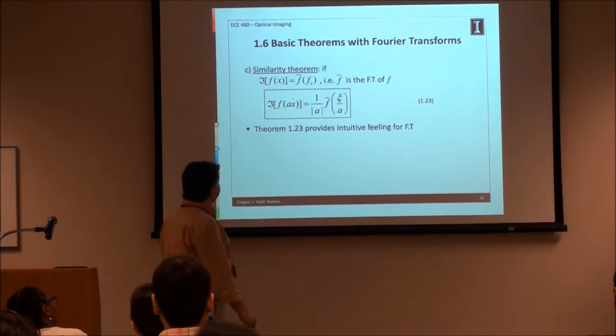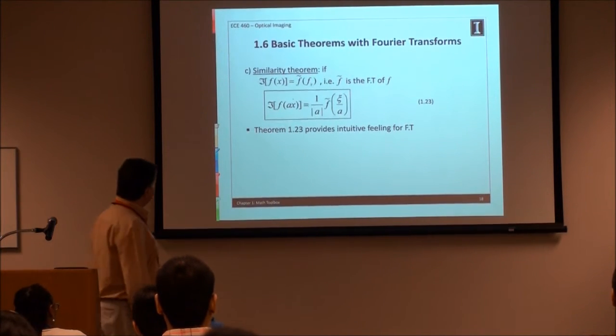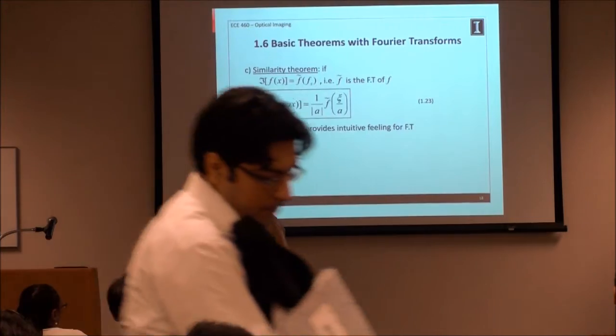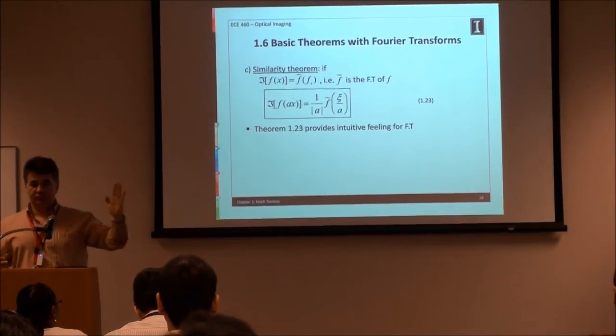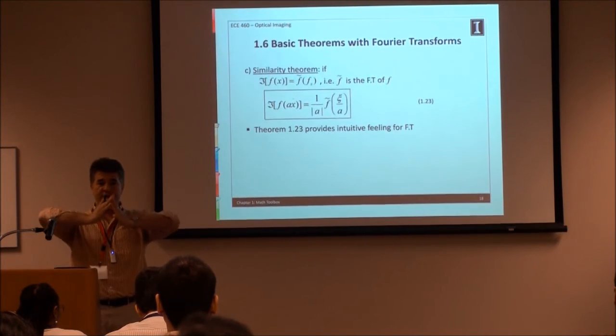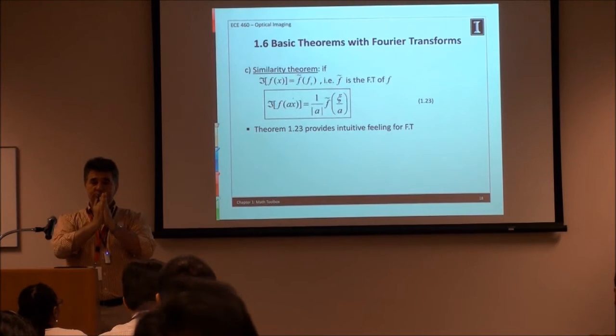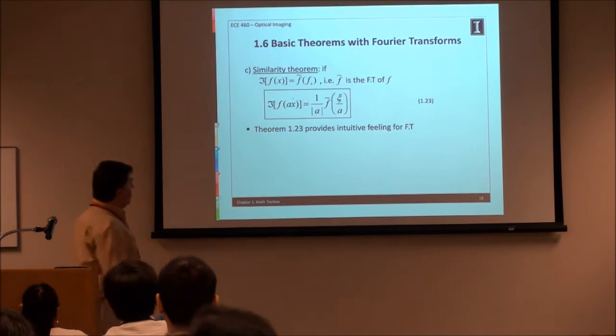Similarity theorem, another simple looking thing, but with very broad implications. So we talked about what happens if I shift the function to different positions. We know how to deal with that problem. Now what happens if I scale the function? All right? I make it broader. What happens?